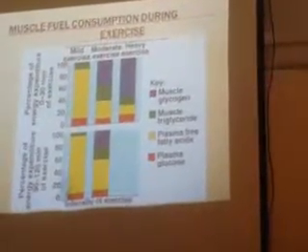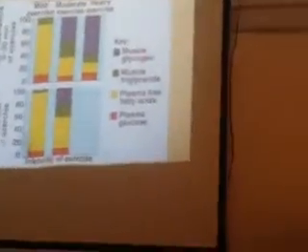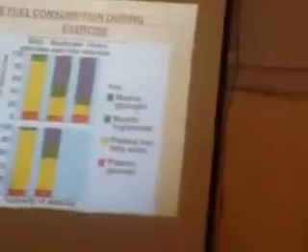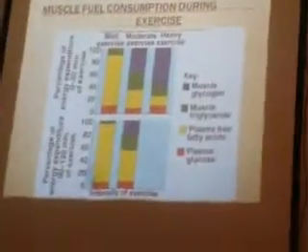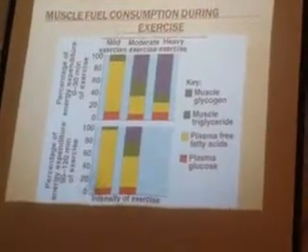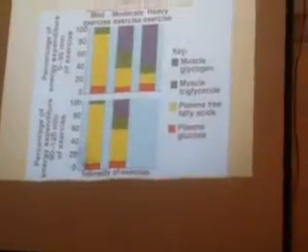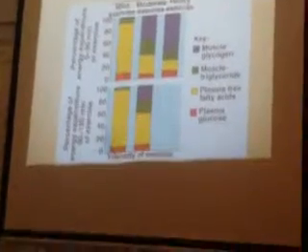Purple is muscle glycogen, green is muscle triglyceride, yellow is fatty acid, and red is plasma glucose. In mild exercise from 0 to 30 minutes, the maximum energy expenditure is by plasma free fatty acid, with some contribution of muscle triglyceride and plasma glucose.